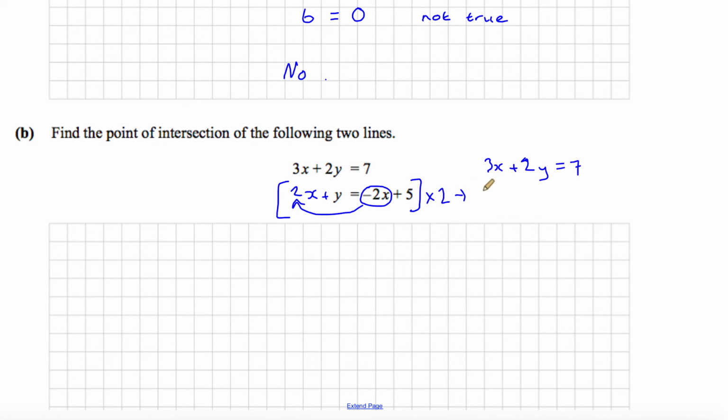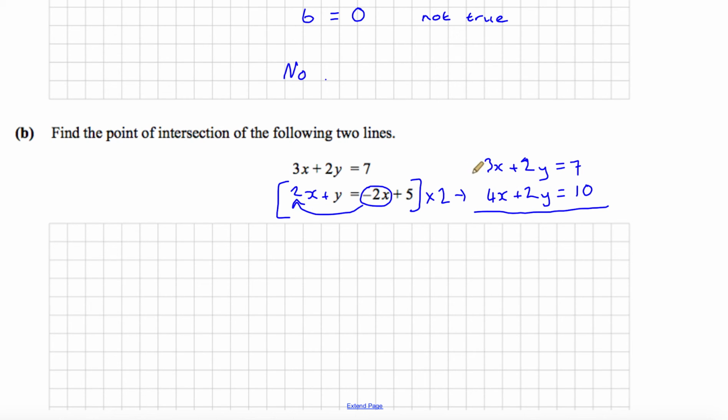That's going to give me 2x doubled is 4x, positive y doubled is positive 2y, and that's going to be equal to the positive 5 on the right side doubled, which will be positive 10. So there's my two equations now, and the coefficient of y, positive 2, is the same in both equations. So now I'm going to be able to eliminate.